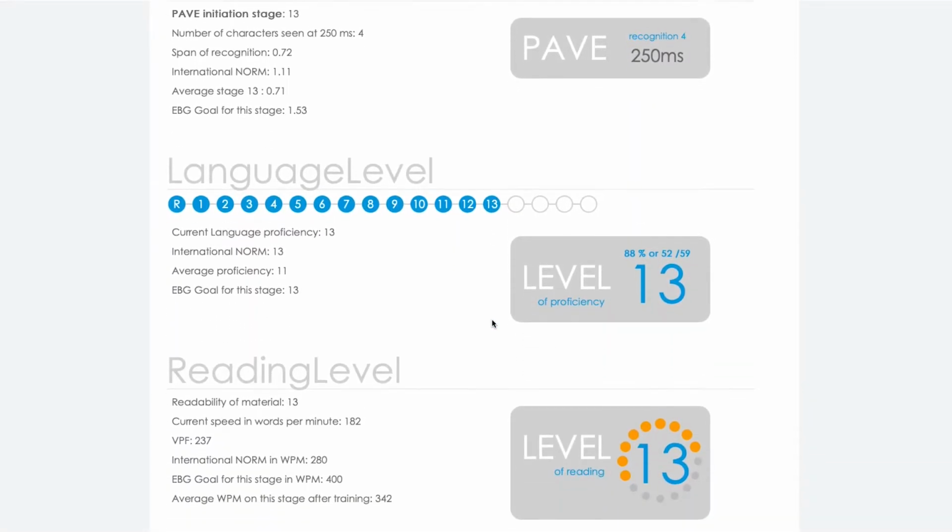Righto, the third area that we will have a look at is the language level. Language level gives us an indication of what is your proficiency in the language of the evaluation, and this, whether this is first language, second language, or third language.